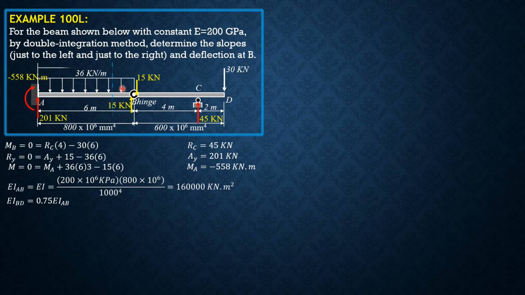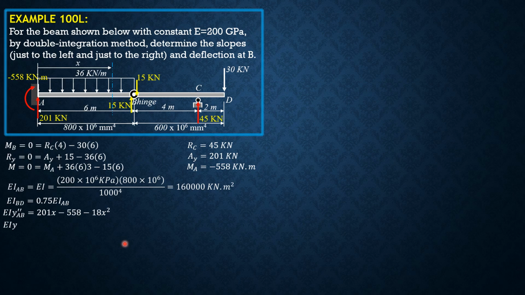So let's now establish the differential equation for portion AB. We have EI y double prime AB is equal to 201 times x minus 558, then minus 36 times x squared over 2, so minus 18x squared.